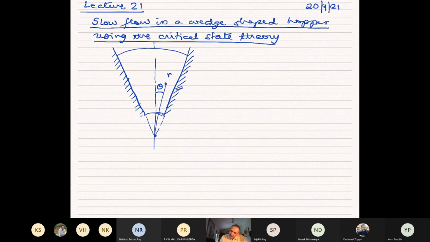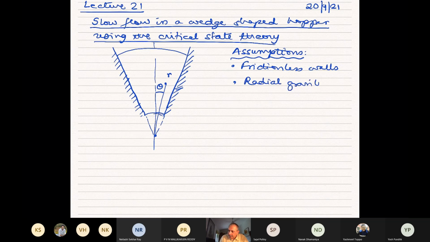So we assume two things to make stuff easier for us. One is that the walls are frictionless, as we had done for the previous problem. And the second one we assume is radial gravity.